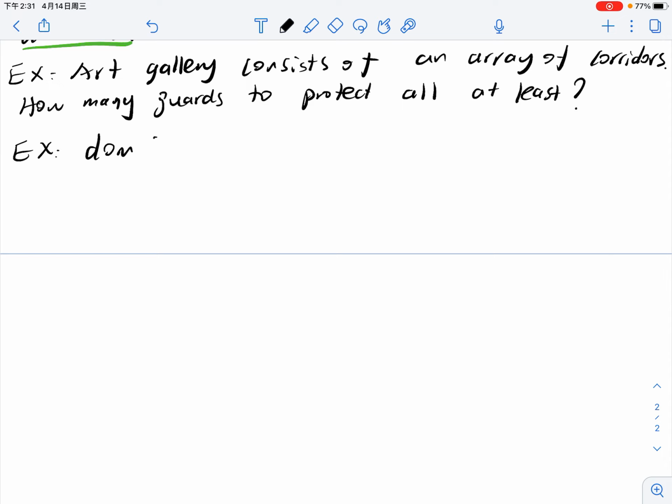We can compute some examples: the dominating number of the null graph is n, and the dominating number of the complete graph is 1.